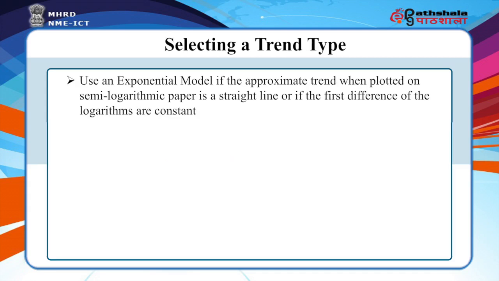Use an exponential model if the approximate trend when plotted on semi-logarithmic paper is a straight line, or if the first differences of the logarithms are constant.